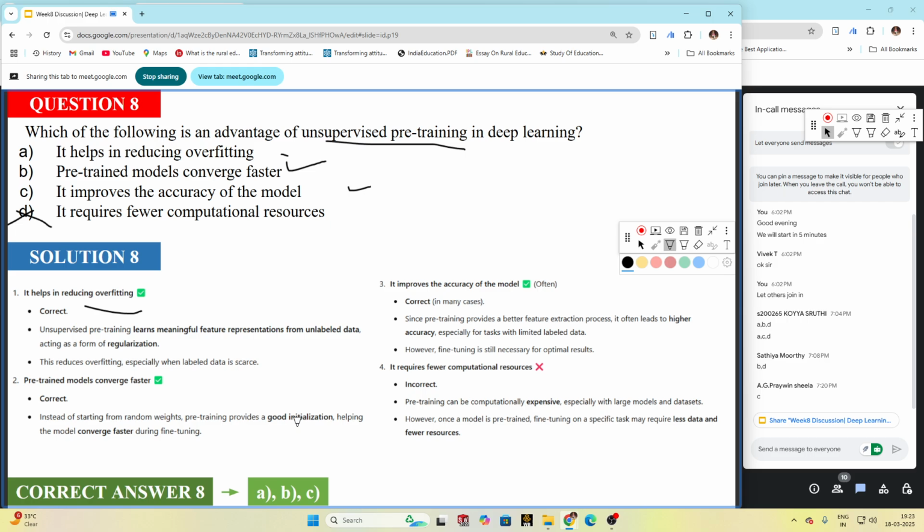For example, say we have a model with unsupervised pre-training and fine-tuning, and another neural network which has achieved the same weights but has not undergone unsupervised pre-training and fine tuning. When you compare both, the second one might have taken more computing time than the first one. Am I right?